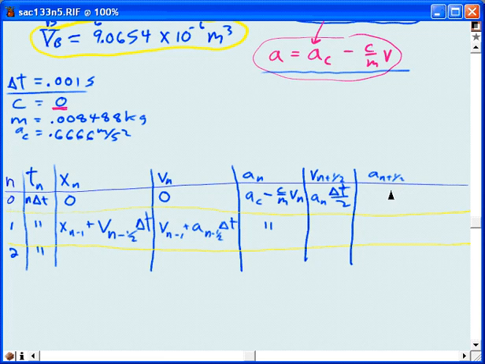So for the time 0, that would be at n is equal to just a half, so we're at half of delta t. And it'll just be this same expression that I got there. So a sub c minus c over m times v n plus 1/2, this v value right here.